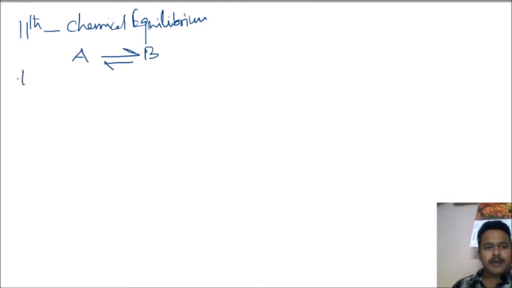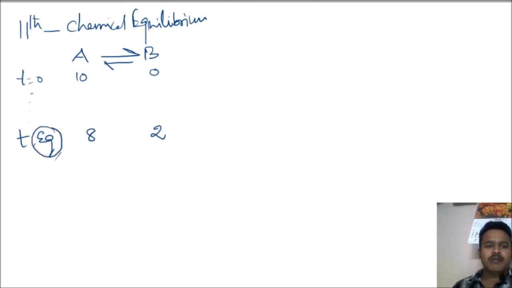At time t equal to 0, some amount of A will be there. After some time t, the equilibrium state is achieved. That means A will get a certain concentration, that is 8, and B gets a certain concentration, 2.